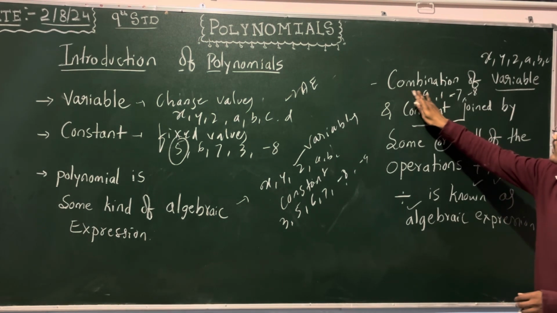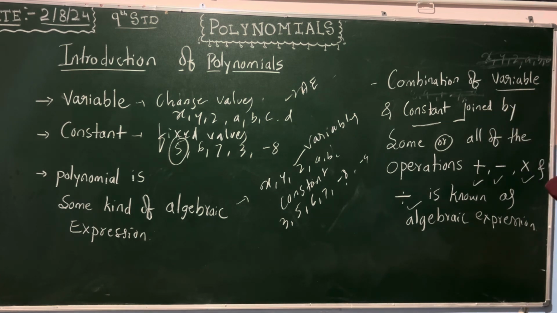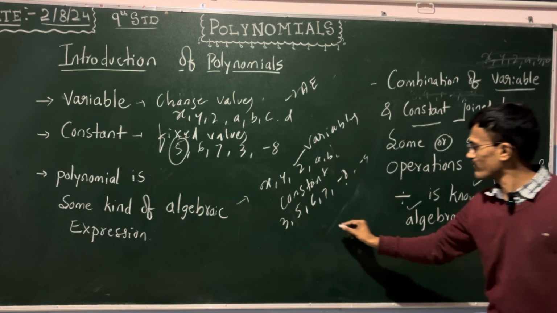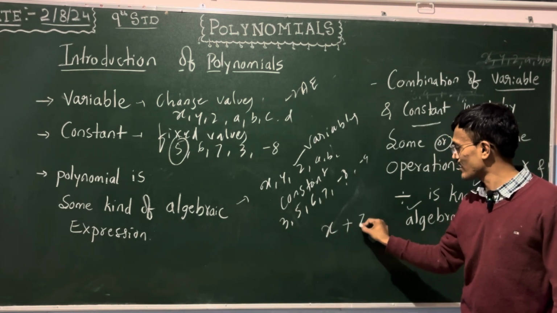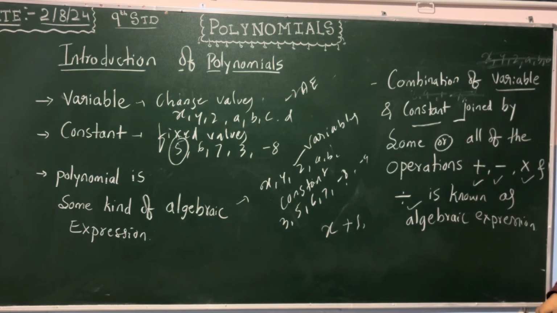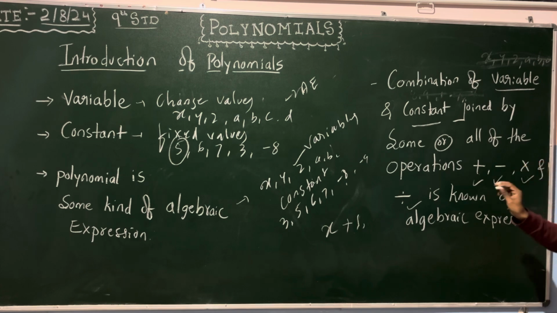Here, a polynomial is a combination of a variable and a constant. Variable in the sense of x, and constant it may be 7 or 8 or 1. And they are joined by the operations: addition, subtraction, multiplication and division.